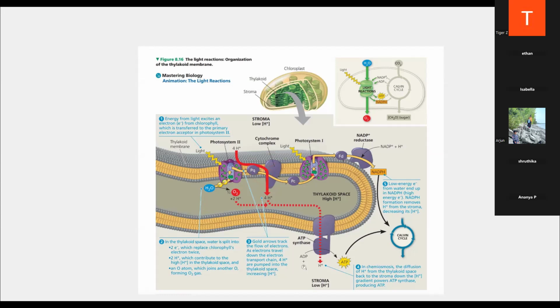So photosystem 1 here takes the electrons from photosystem 2 as well as light energy, which then goes to NADP plus reductase. And then NADP plus reductase adds a hydrogen ion to form NADPH, which goes to the Calvin cycle.